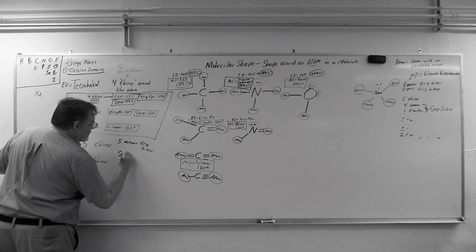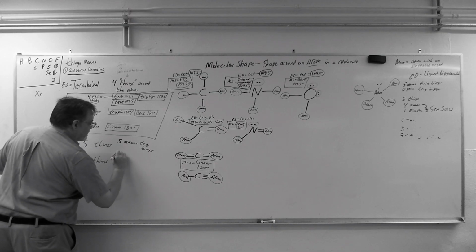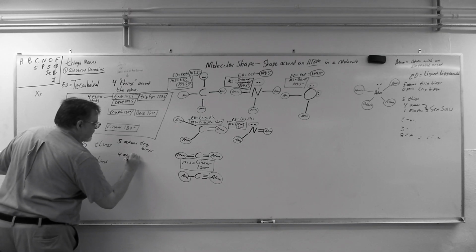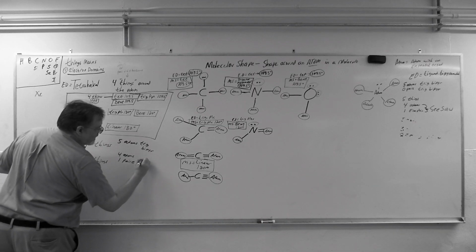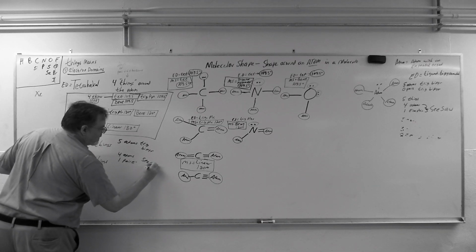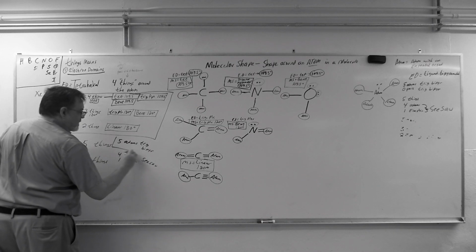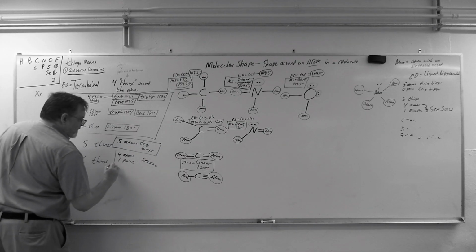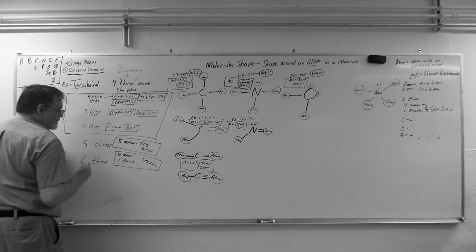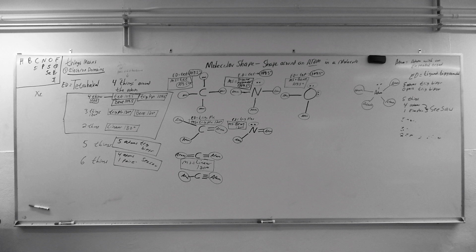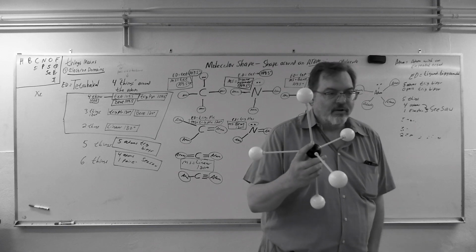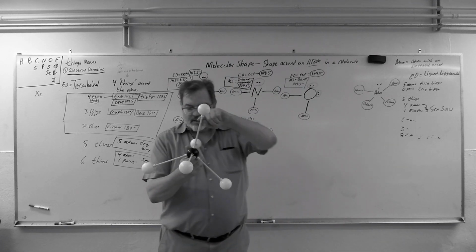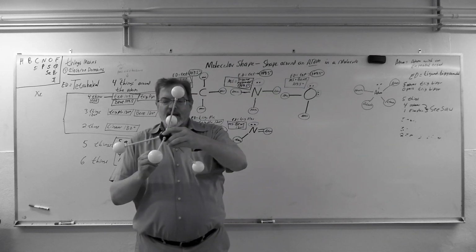If it's 4 atoms and 1 pair of electrons, then it's seesaw. Let me show you the bond angles. This one's just weird because there's more than 1 angle, but you can totally see these angles. Again, the angles are very obvious here. What do you think the angles are for the equatorial?